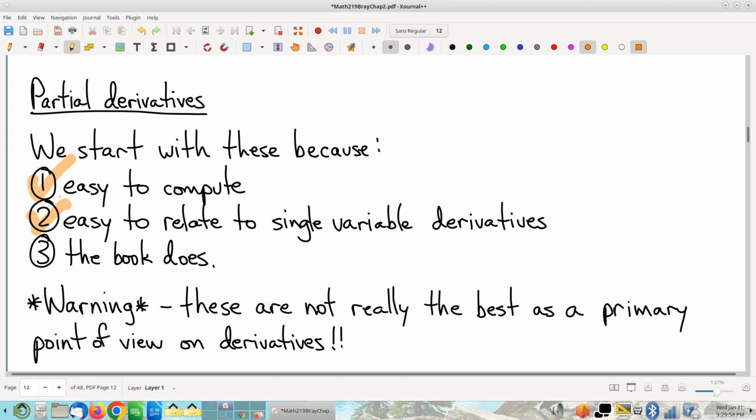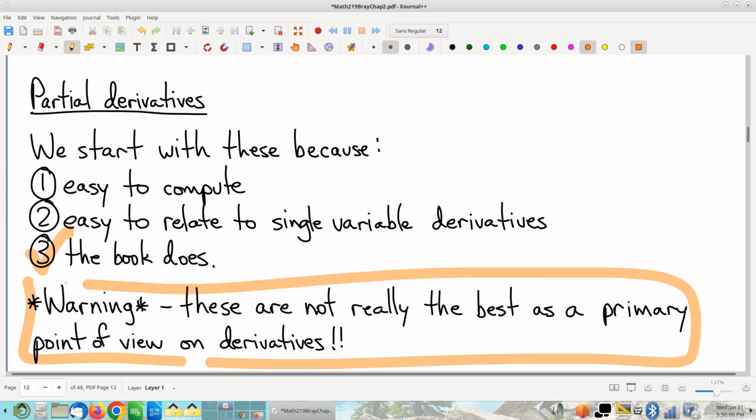And another good reason to talk about them now and first is because the book does. But with that in mind, I want to point out, I wish the book did things in a different order, because I think there are some significant disadvantages to starting with partial derivatives.